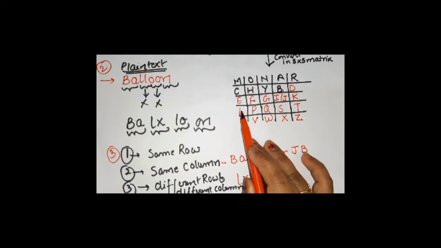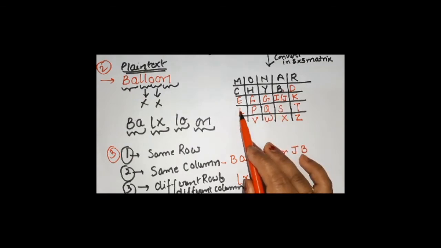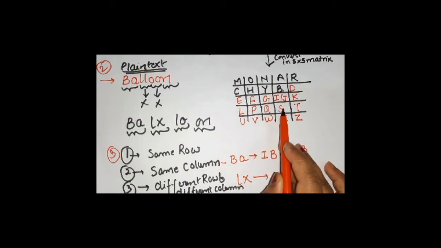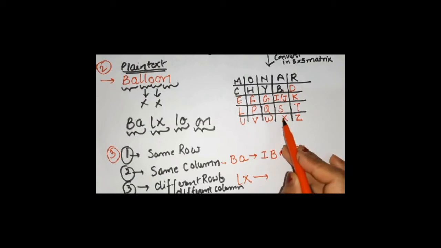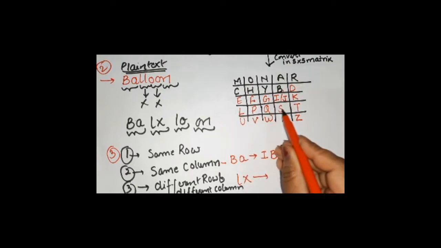So L has to be replaced by the letter in its own row and the column of the other plain text, which is X here. So X's column is this and L's row is this.